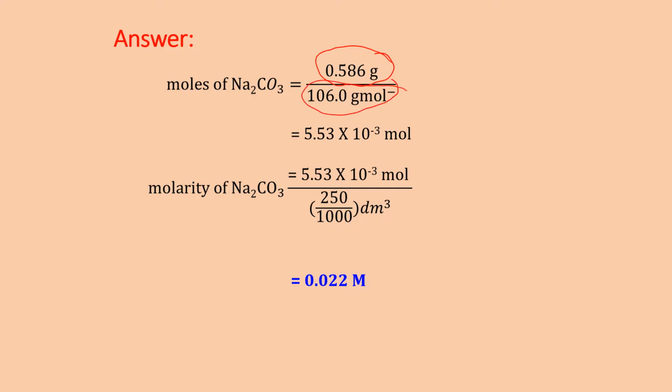You have the answer of mole, which is 5.53 times 10 to the power of negative 3 mole. And the molarity of sodium carbonate, by inserting the value of mole divided by the volume of solution, which is 250 divided by 1000 because you want to convert the volume to unit of dm³, the final answer is 0.022 molar.